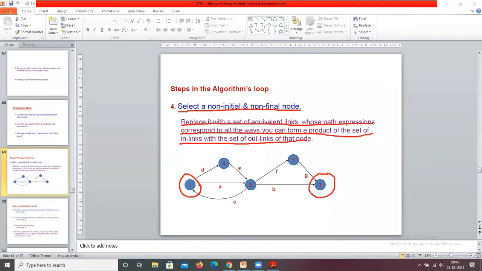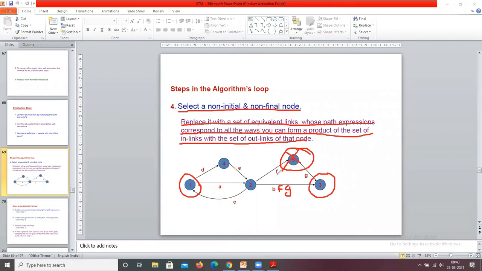For example, this is node 5. Now I want to reduce this 5. I want to delete this 5 and write BFG here. I select node 5, which is non-initial and non-final, and replace it with a set of equivalent links.